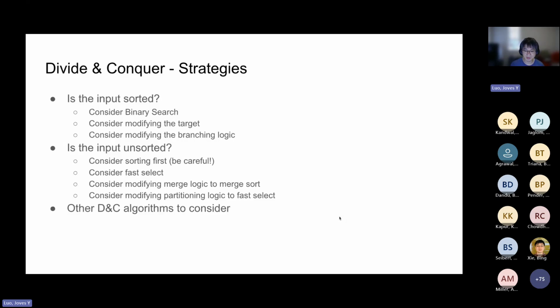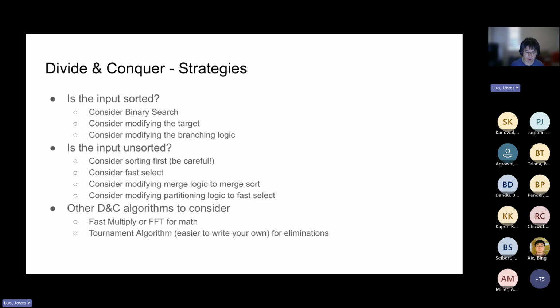Other dynamic programming and divide and conquer algorithms to consider: the fast multiply or FFT if it's math based. If it's really heavy math based and you're trying to do some multiplication, consider fast multiply. There's also a tournament algorithm. I don't believe it's covered in the lectures or the books, but it is something you should look into and understand, because it is simple enough that you could come up with it on the fly.